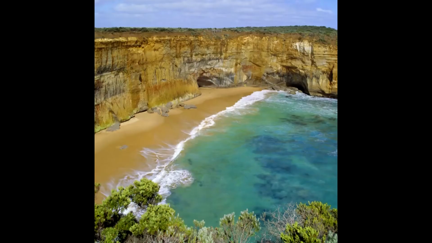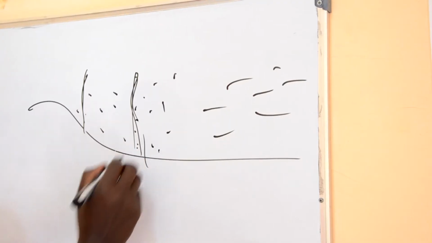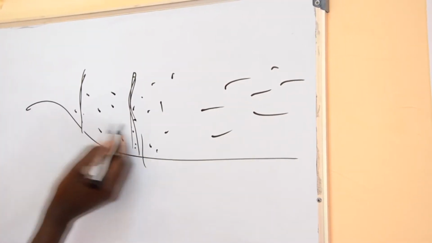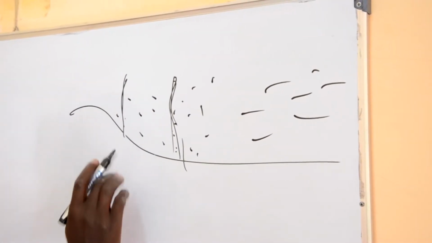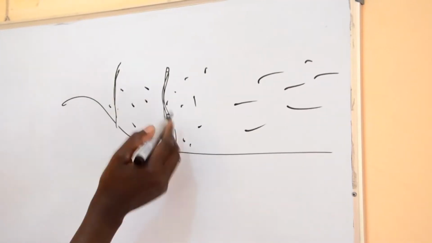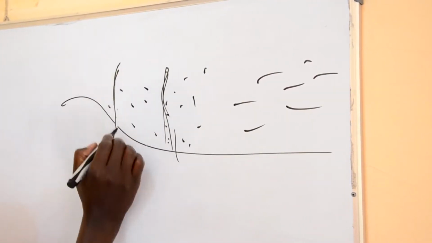It is the same for a low tide sea and a high tide sea, or a high shore and a low shore. Therefore, wherever the shore is wide, the erosion process is less likely to take place than on a shore which is narrow in nature.